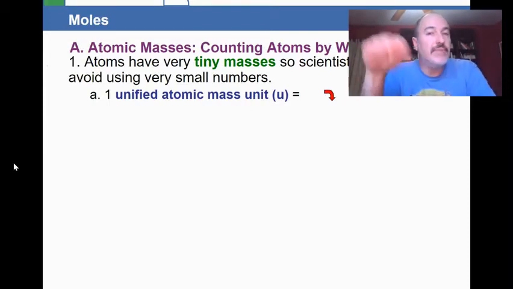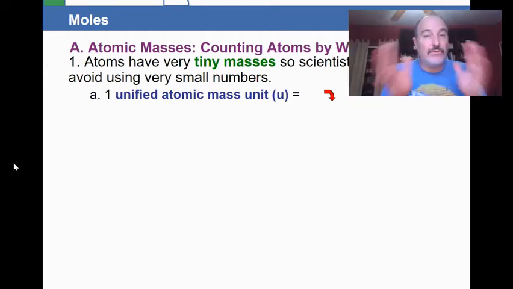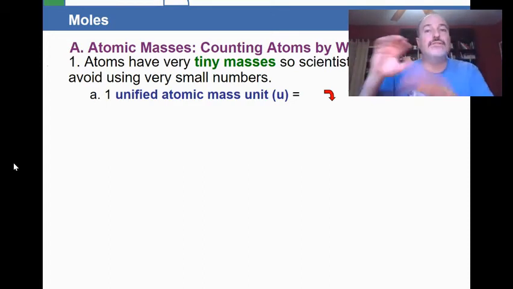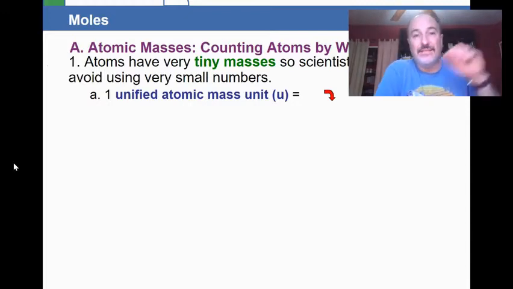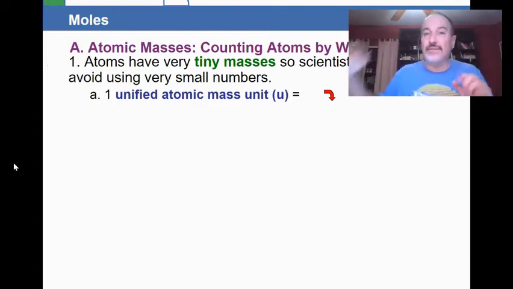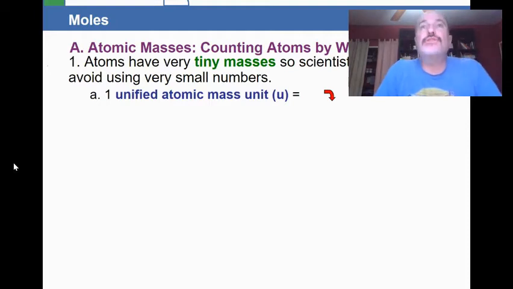The atoms that make up that eyeball are roughly the same scale compared to that eyeball as the eyeball is compared to the overall Earth. So atom is to eyeball as eyeball is to the Earth, just to give you a sense of scale. And since they are so small, measuring them in grams is actually completely useless.